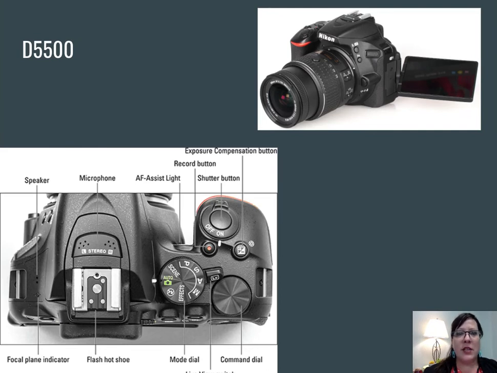There may be times later in the year where you can use them as well. They have flip out LCD screens on the back. They're touch screen. They have a little better video access and quality. They have more scenes, settings, and effects, and more buttons.